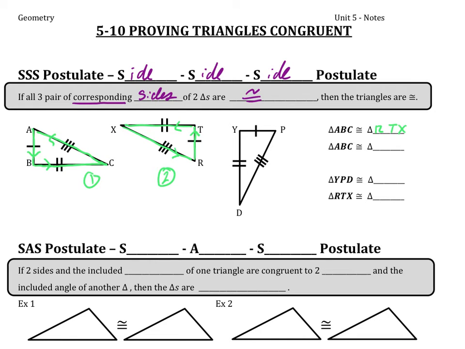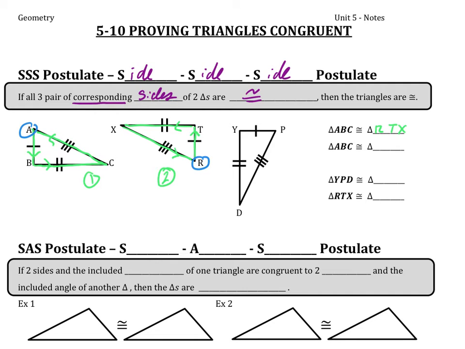And this is important to do because we need to make sure that these letters, which represent the angles, are appropriately representing the congruent angles. So if A and R are in the first spot of our congruency statement, then A and R need to be the angles that are congruent to each other. And those are the angles that are kind of made up by the single and the triple tick mark side. So we have to be very, very particular about that here.